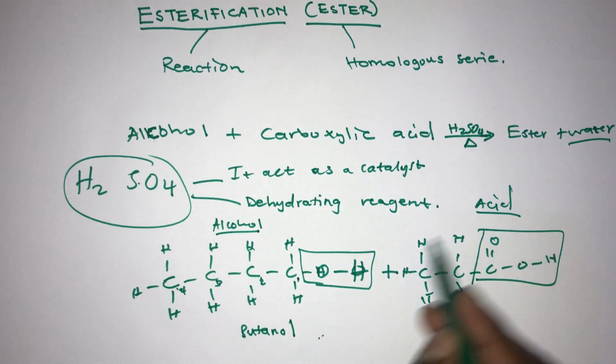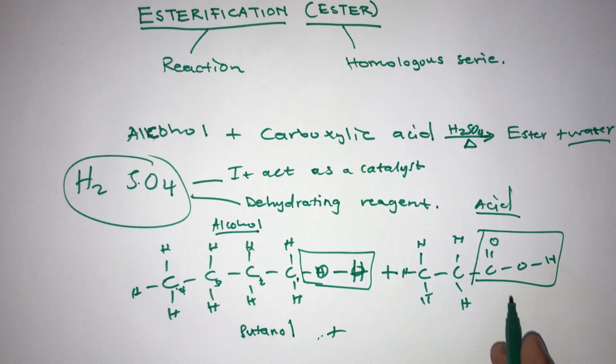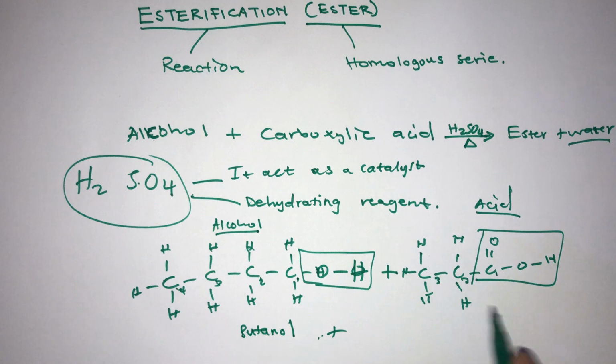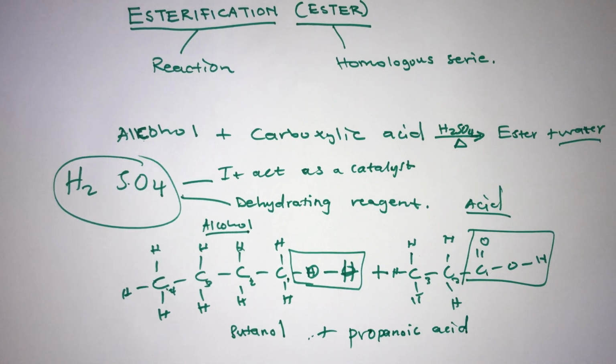And in a carboxylic acid, the functional group is always on the first carbon. So we are reacting butanol with what? 1, 2, 3. This one is going to be propanoic acid. Since we are reacting these two, butanol and propanoic acid, let's check what's going to happen.